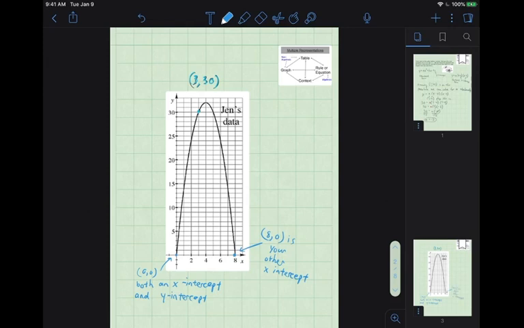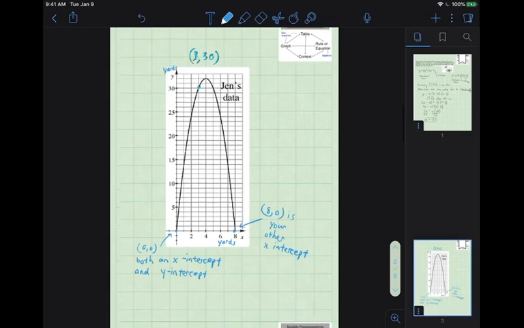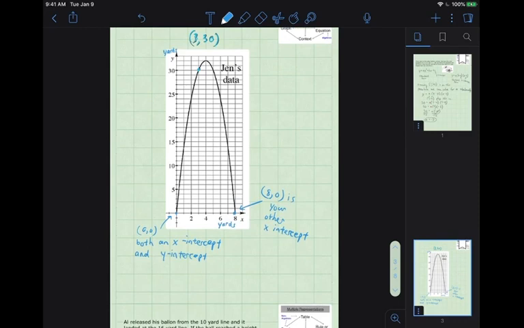Along the x, we have yards. And on the y, we also have yards, because we're tossing a water balloon. So visually, we see that on the graph. This is where the balloon is at the ground. That's what it means in context. We see it nicely in the graph.